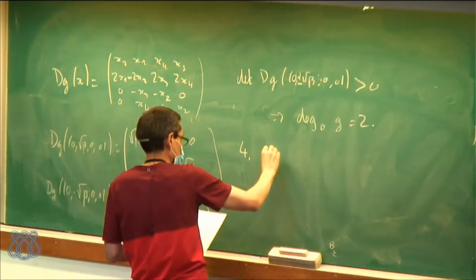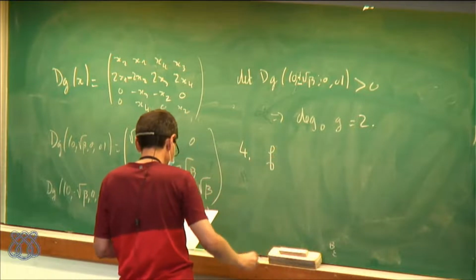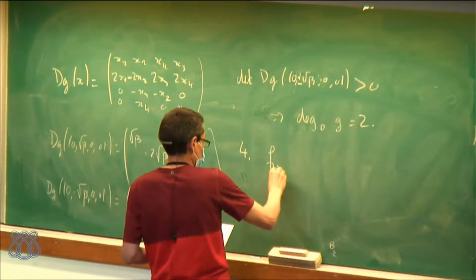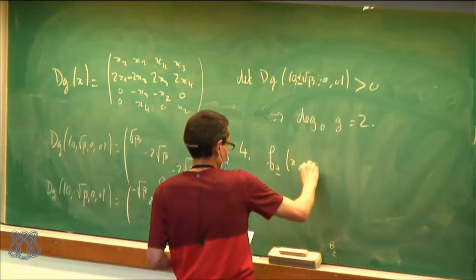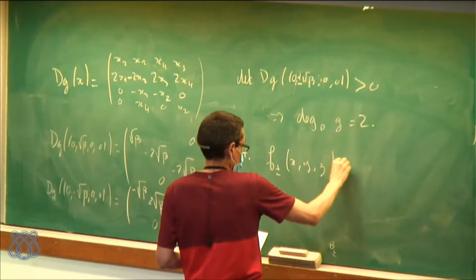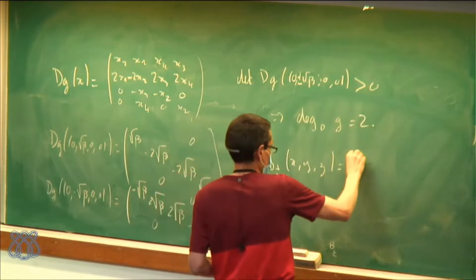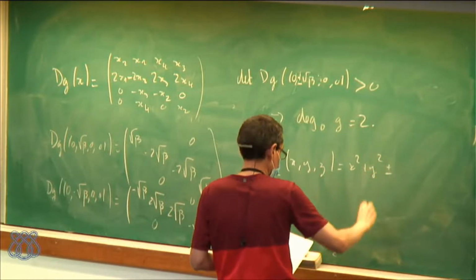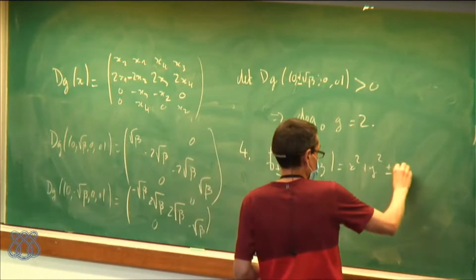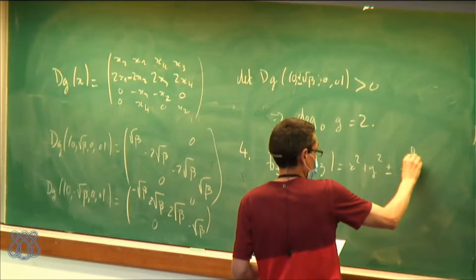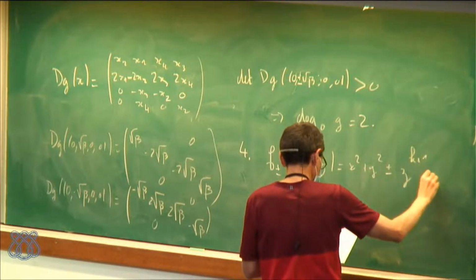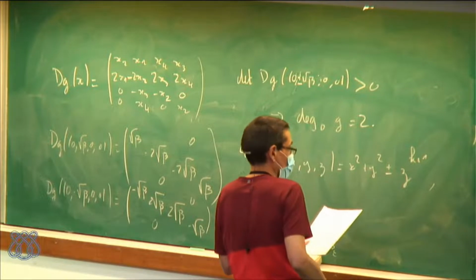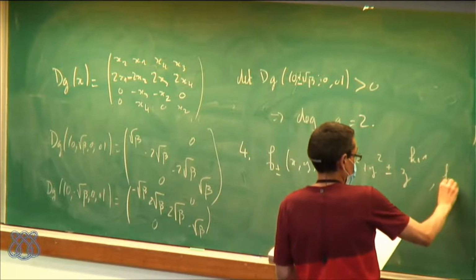We consider these two functions: x squared plus y squared plus or minus z to the k plus 1, where k is a non-negative integer.